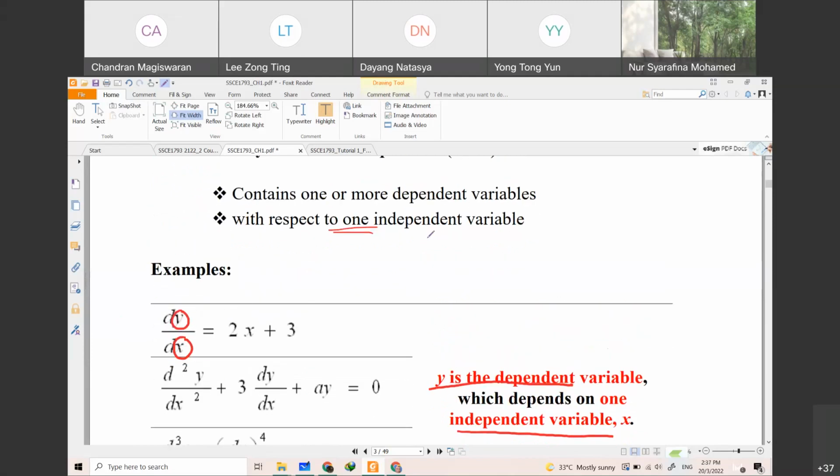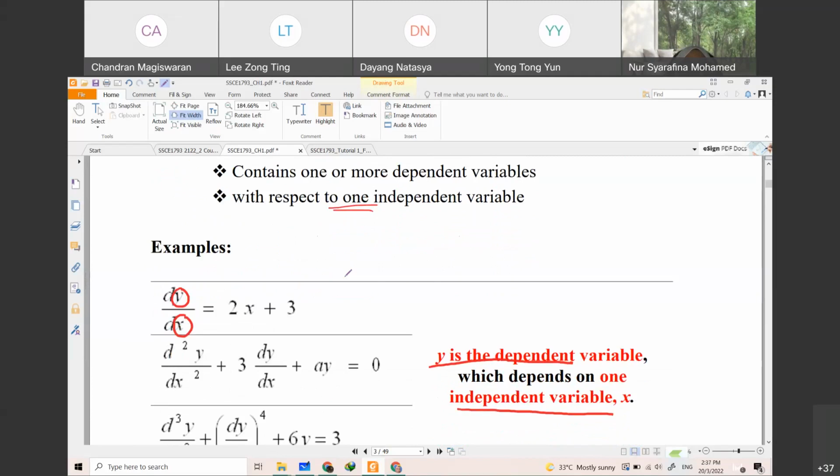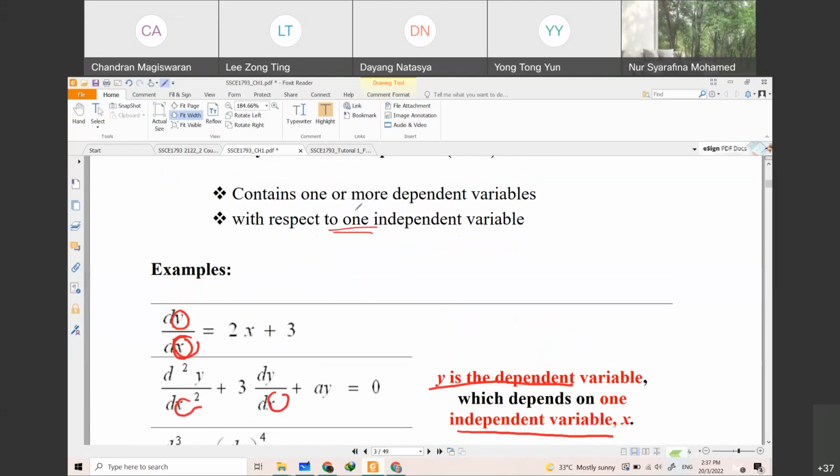Only one independent variable. For ordinary, it is only with respect to one independent variable. As you can see, we have only x. But for dependent, it can be one or more.